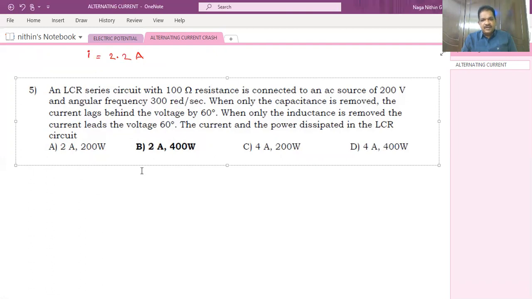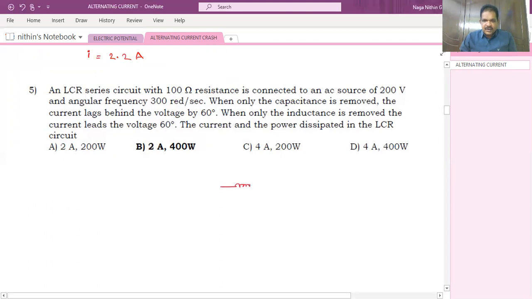When the inductance is removed, the current leads the voltage by 60 degrees. The current and the power dissipated in the circuit will be how much? They are asking. Okay. Yes, LCR circuit taken.